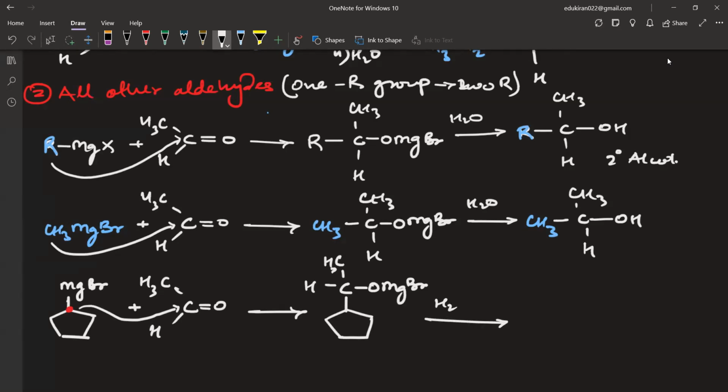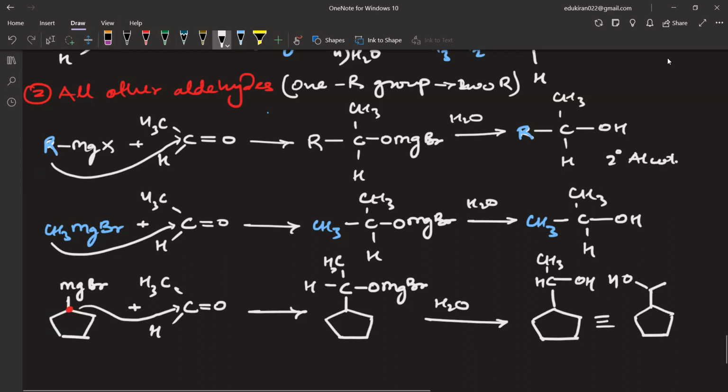And on further addition of hydrogen, it is going to give me CH, and it has CH3 OH. Okay, so you can write this also as OH.